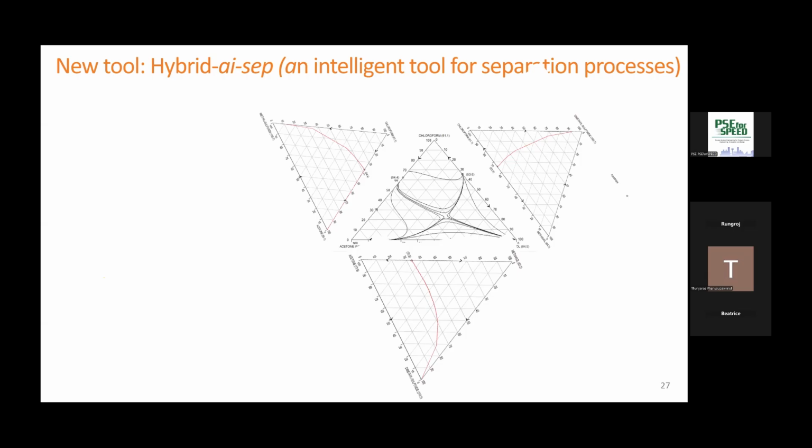And how to solve it is that if we look at the binary pairs on each side, and if we can find a solvent that will selectively take the compound at the top, chloroform, and not acetone and methanol, then we can remove chloroform from the system, and then we have acetone and methanol. So that is one way.